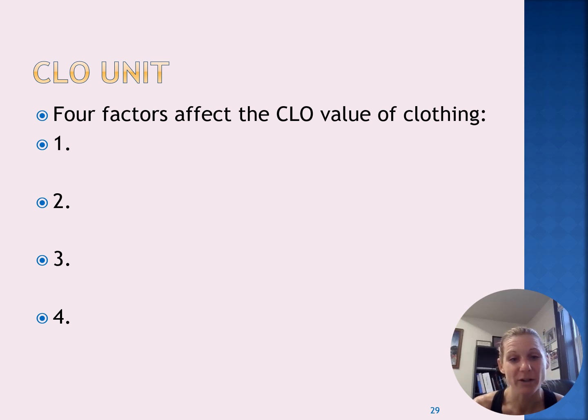Okay. So there are 4 different factors that will determine the CLO value of clothing. Number 1 is wind speed. So again, the faster the wind speed, the lower the CLO unit. Number 2 is something known as the chimney effect. So if we have loosely hanging clothing, it doesn't trap the air as effectively. And the best thing that we can do in a cold environment is create a really sound microenvironment against our skin surface.